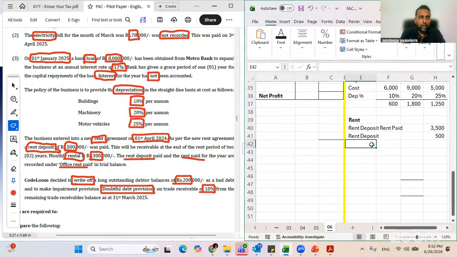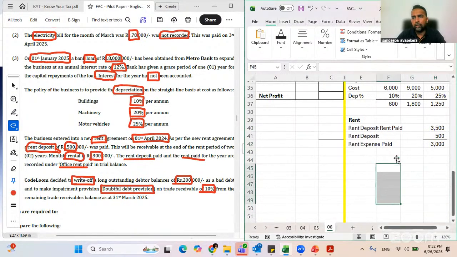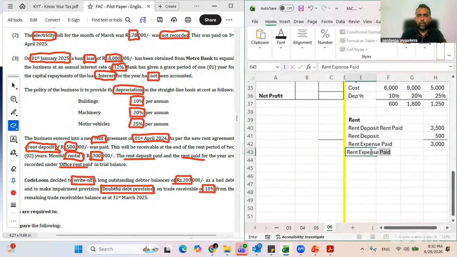Accordingly, now how much is remaining for the rent expense paid? Rent expense paid is only 3,000. How much is the rent expense truly? That is 300 into 12. No, that is 3,000. 300 into 12 is 3,600. Yes, you paid both deposit and the rent 3,500. We removed the deposit now.